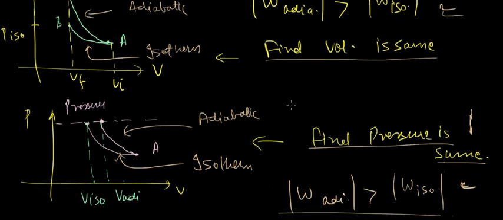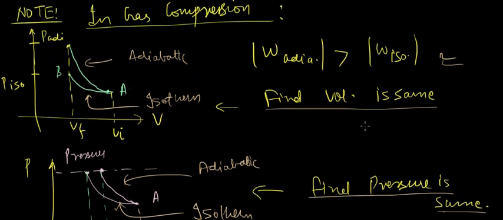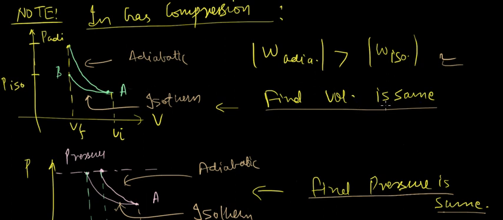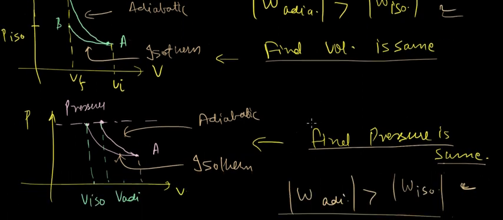Okay, and you can see that the area under the curve of adiabatic process would be more than area under the curve of isothermal process, and same goes for the gas compression in case the final volume of both the processes is taken same, that area under the curve of adiabatic is more than area under the curve of isotherm.